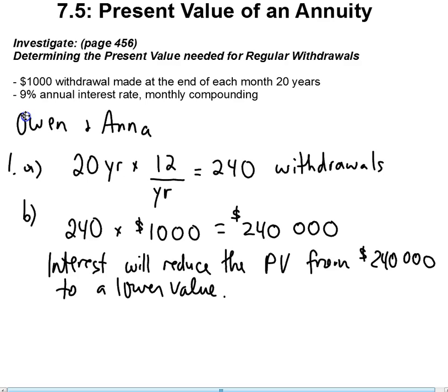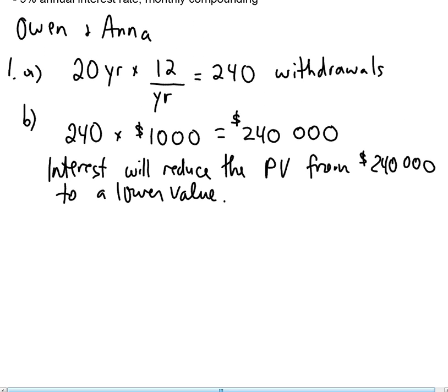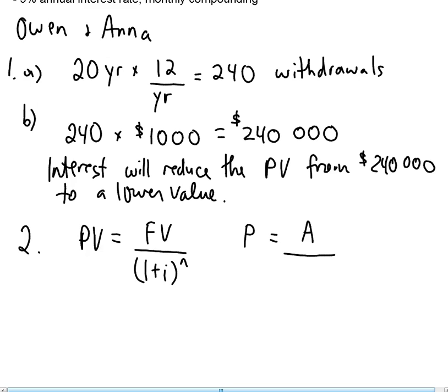Suppose Owen and Anna retire at the end of December. They will make their first withdrawal from their life savings account at the end of January. Determine the present value of this first withdrawal. So as we did before, just to reinforce this, present value for our compound interest formula requires us to take the future value and divide by 1 plus i to the n. This is just using the compound interest formula, which also in a different form resembles this.